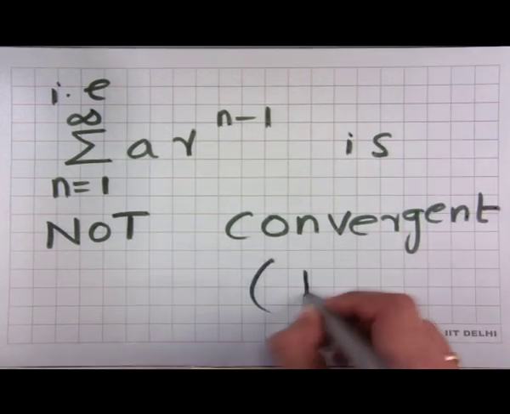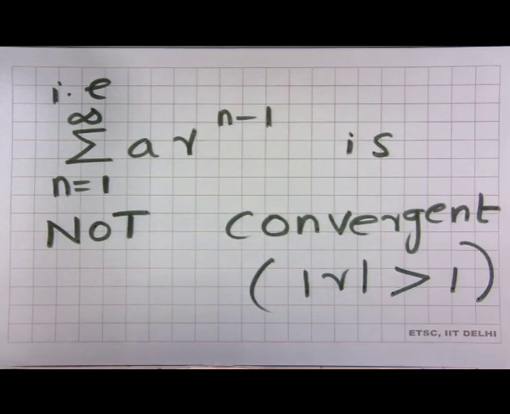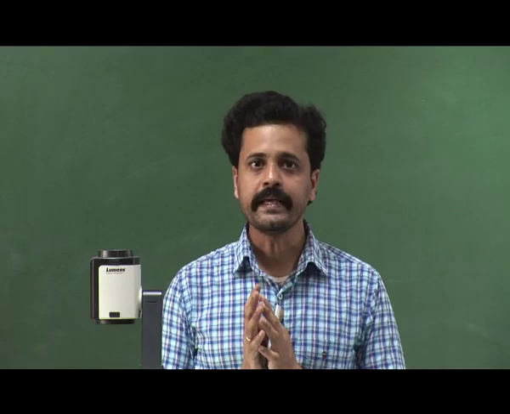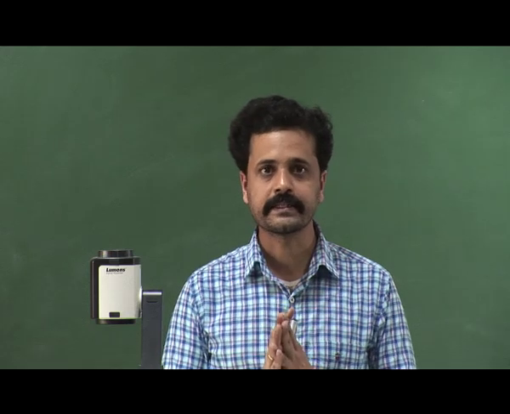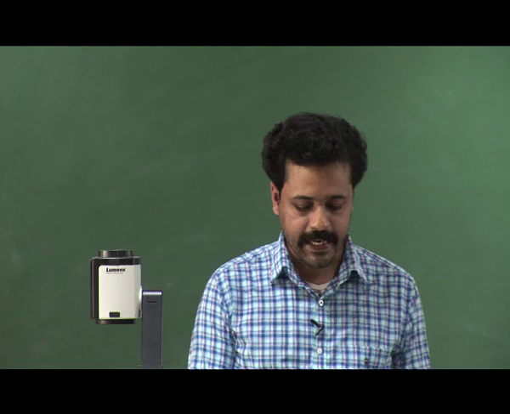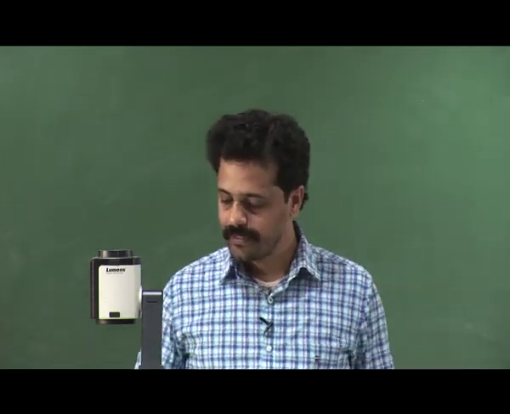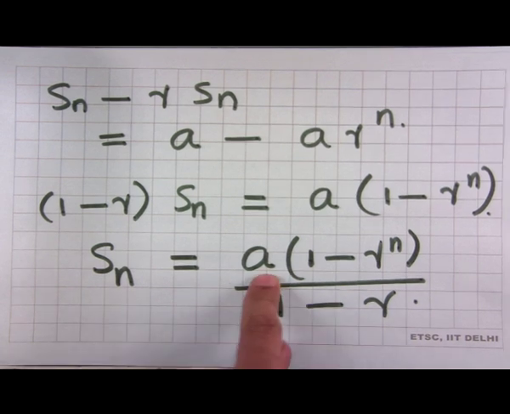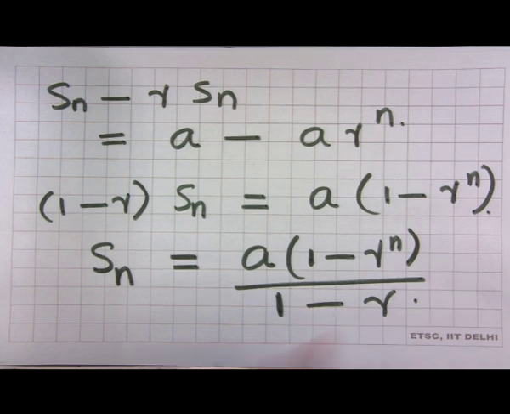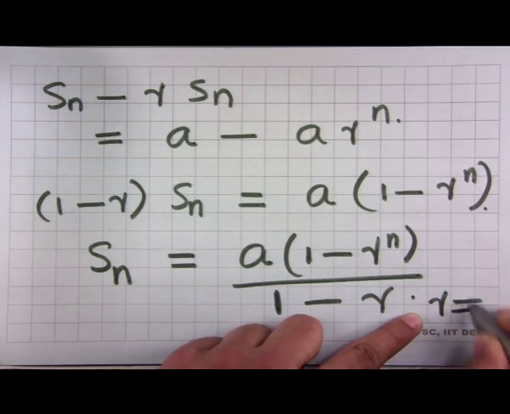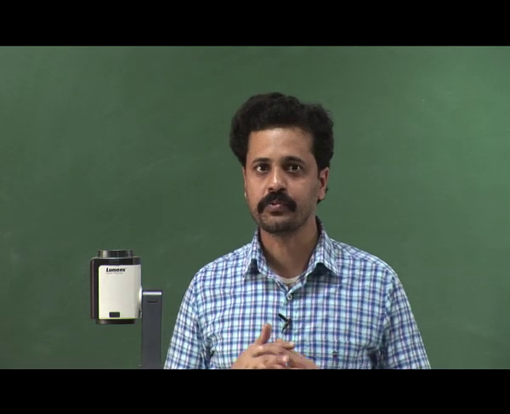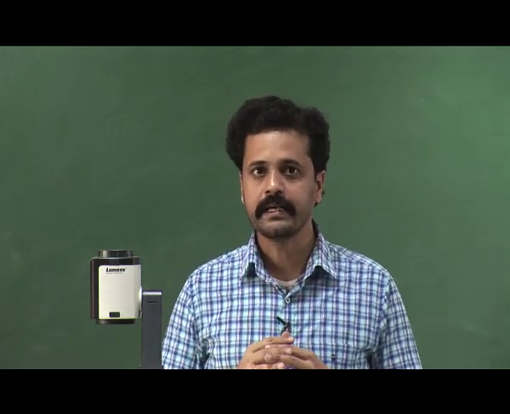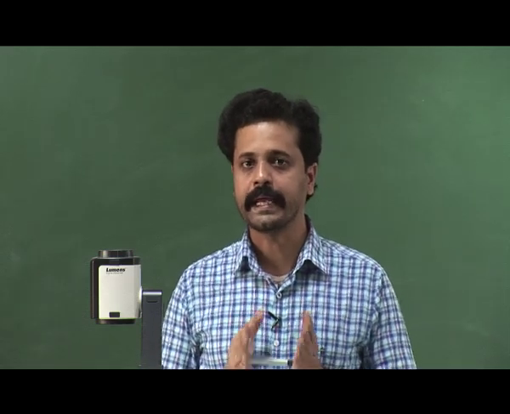This is in the case |r| greater than 1. Let us sum up. For a geometric progression, we have an expression for the sum of the first n terms. The expression is Sn equal to a into 1 minus r^n by 1 minus r for r not equal to 1, and for r equal to 1 it reduces to a trivial case, namely Sn equal to n times a.